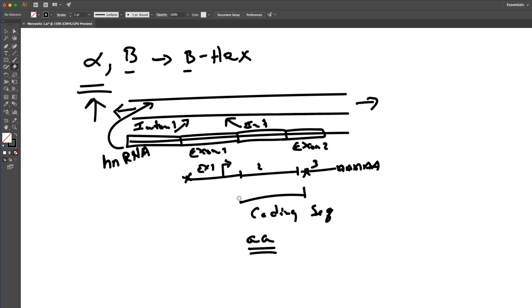Obviously, the start of the coding sequence isn't here, but is here. It starts at the first ATG that encodes the methionine, and then it ends at the codon or the triplet nucleotide sequence that encodes the last amino acid, which is just prior to the 3 nucleotides, or the codon, if you will, that encodes this particular stop codon.